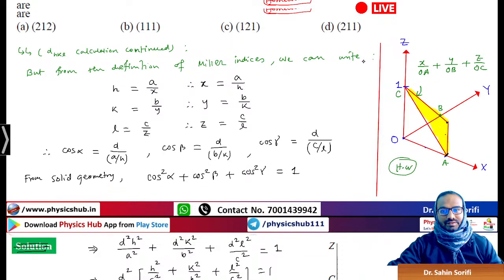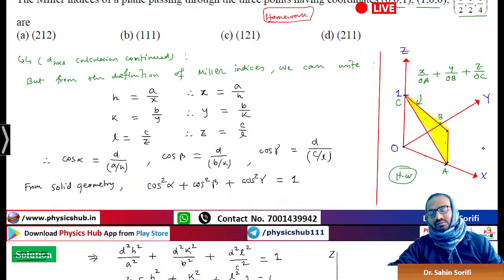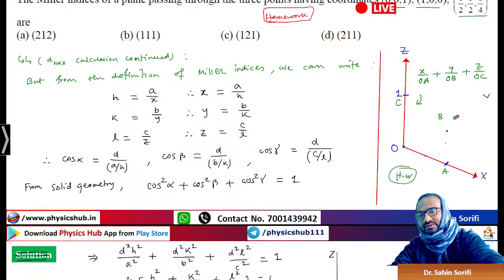Same procedure. You will start with this, then you will put the value of OA, OB, OC. If this picture is confusing, then you can use the last problem, the derivation image also you can use.